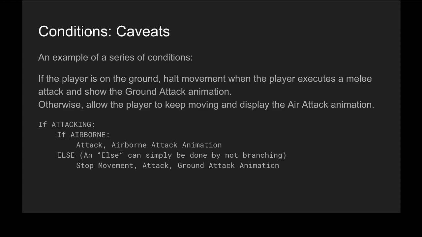And they wanted to check, if attacking and in the air, if attacking and on the ground, if attacking and moving, etc. So I was actually thinking about this problem specifically to go over in the tutorial, and I realized it could be simplified very down to, well, technically 3 conditions. Well, 2 conditions. If attacking and if airborne.